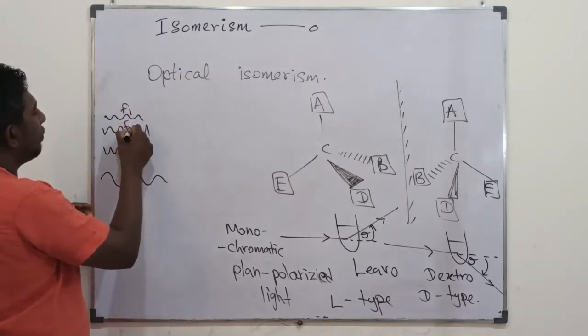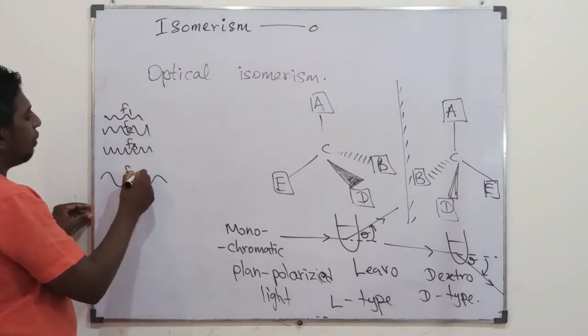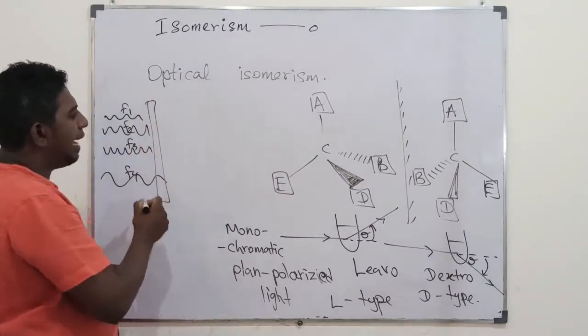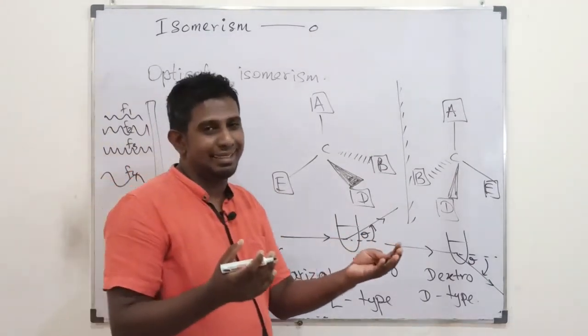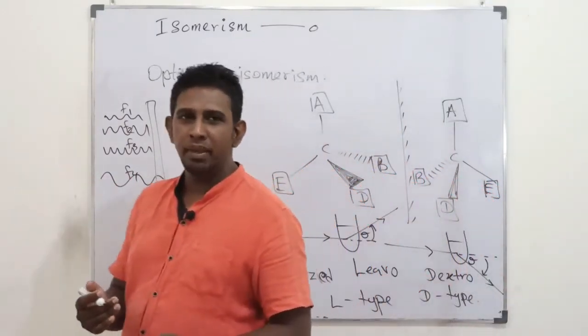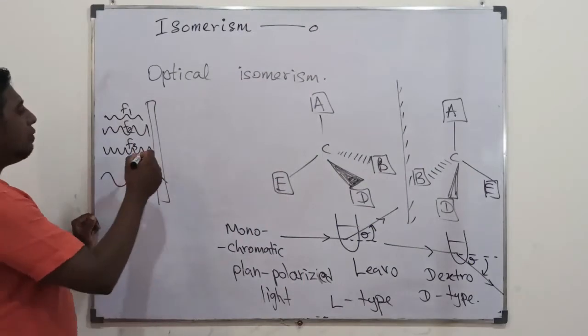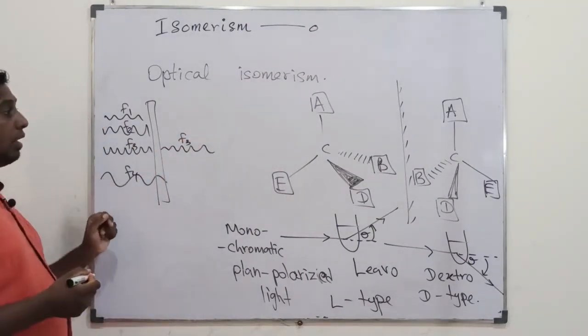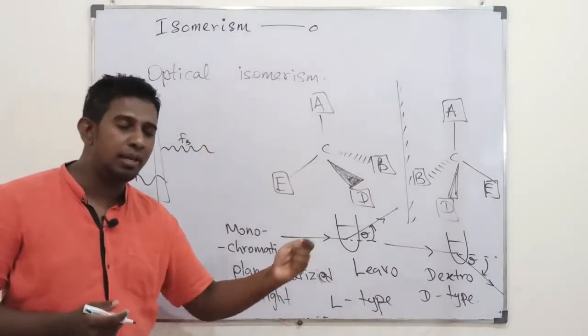F1, F2, F3, F4, various different frequencies. So if you have a method to filter one type only, one frequency only, it would appear in one color. Let's say it's F3 only and you block all the others.